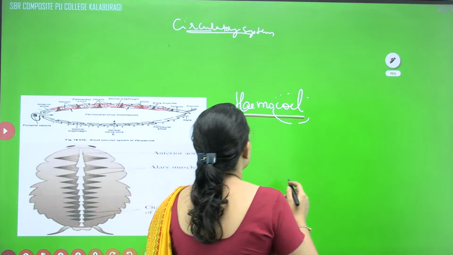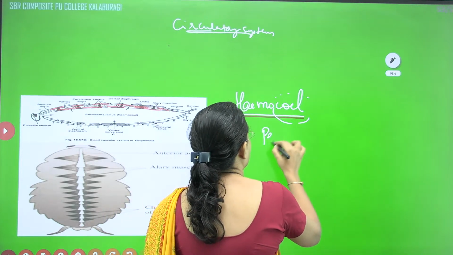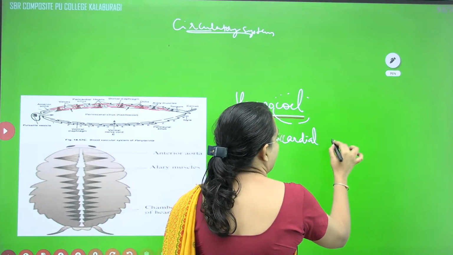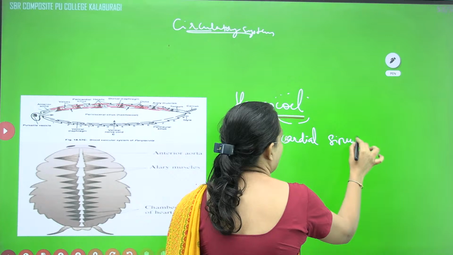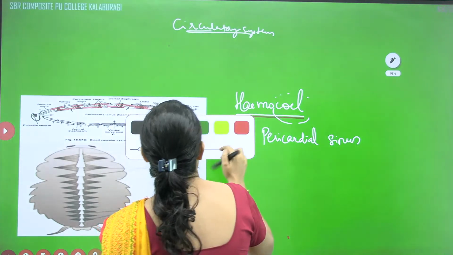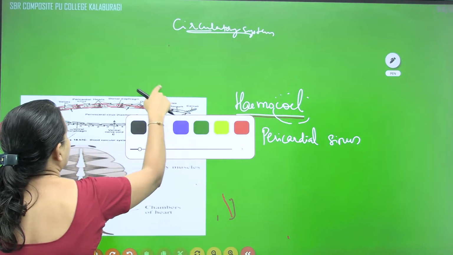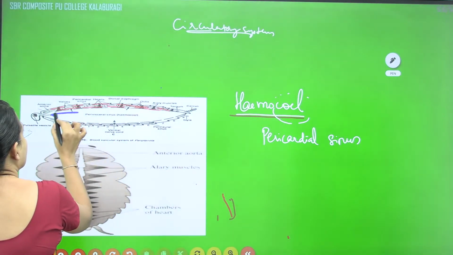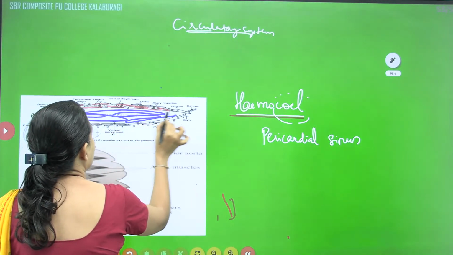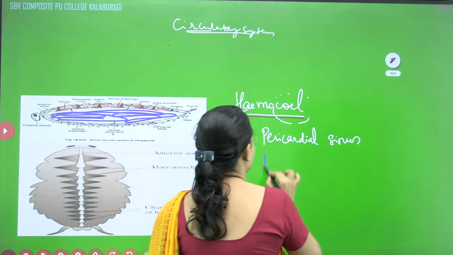The first sinus is the pericardial cavity, you can call it the pericardial sinus. Okay. Then next, in between here, you have another space or sinus. This is called the perivisceral sinus.